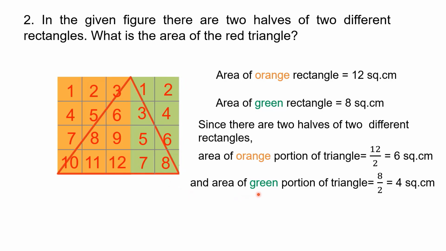So the area of the green portion of the triangle is 8 divided by 2, where 8 is the area of the green rectangle. 8 divided by 2 equals 4 square centimeters. Now let us find out the area of the rectangle. That is the area of the orange portion of the triangle 6 plus the area of the green portion of the triangle 4. 6 plus 4 equals 10 square centimeters.